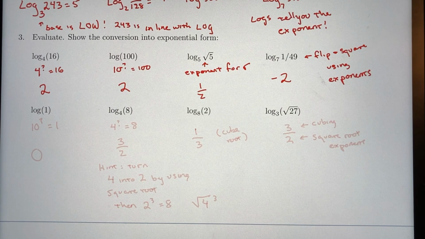Okay. Log of 1, again, the base is 10. What power gives you 1? Oh, that would be 0. Log base 4 of 8 is tricky until you realize you can go through 2.